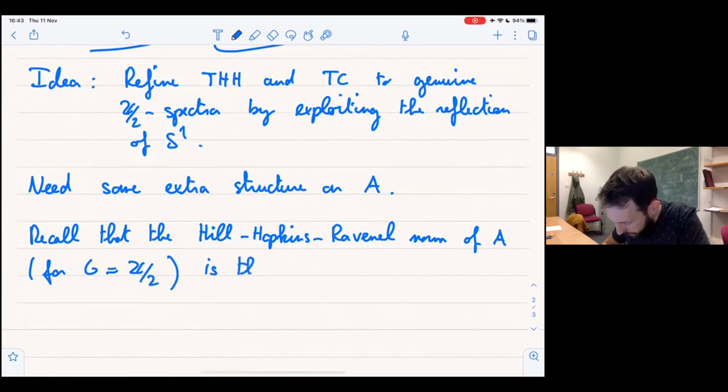Is the ring spectrum, well, the C2 equivariant ring spectrum.